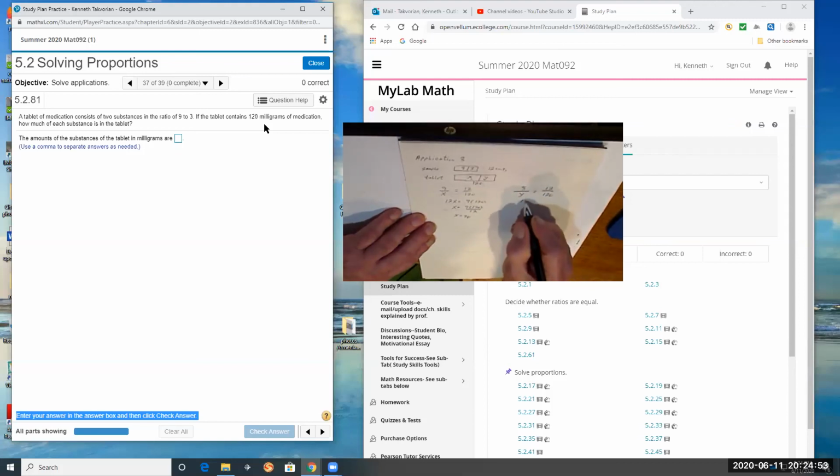Again, I'm going to cross multiply. 12y equals 3 times 120. Y is equal to 3 times 120 all over 12. 12 into 120 is 10. 10 times 3 is 30. And 30 units plus 90 units does add up to the total milligrams in the actual tablet.